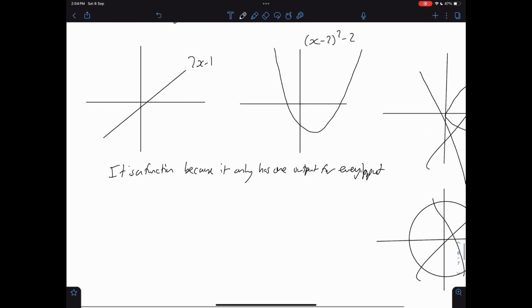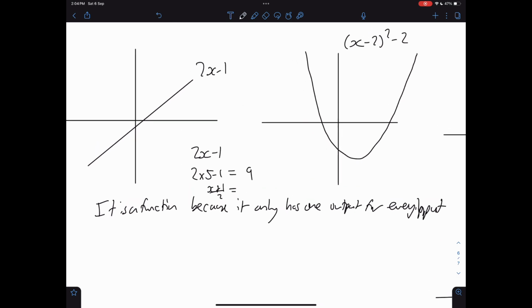But additionally, if we think about inversing them, so 2x minus 1, say we put in 2 times 5 minus 1, which is equal to 9. To get back to 5, we'd have to do x plus 1 over 2.